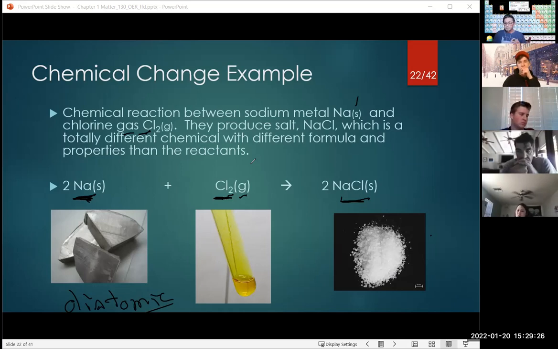This reaction occurs spontaneously on its own, but to make it go back from table salt to sodium metal and chlorine takes a lot of extra energy. All right, so that's a good example of a chemical process.